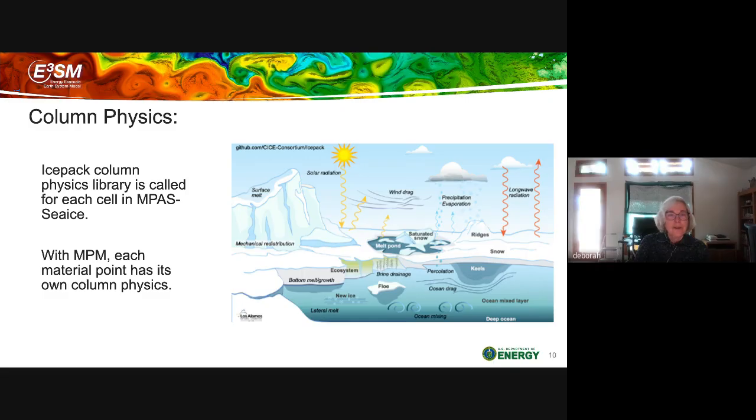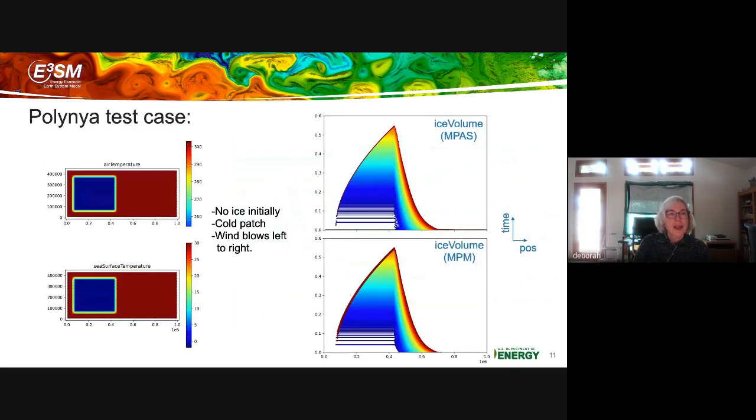Again, in theory, easy. And here's a test case of our implementation, just to give you an idea. We call this a Polinia test case. What we do is start out with a cold patch in both air and sea surface. And so that's this square area, and then a warmer surrounding area. And we're not solving the full model, we just have wind blowing from left to right.